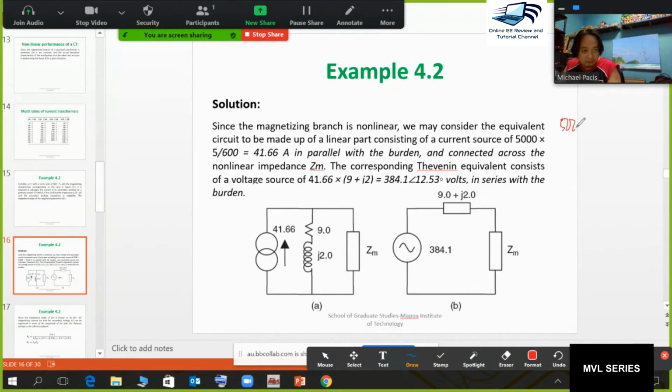So you need to divide it by 600 by 5 in order to have the value of the fault current in the secondary side in a lower value. The answer here is approximately 41.67 amperes.